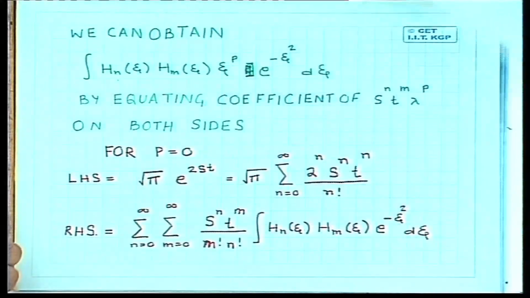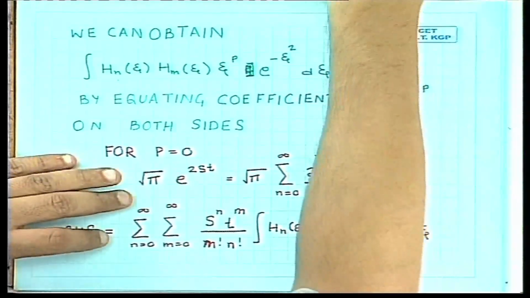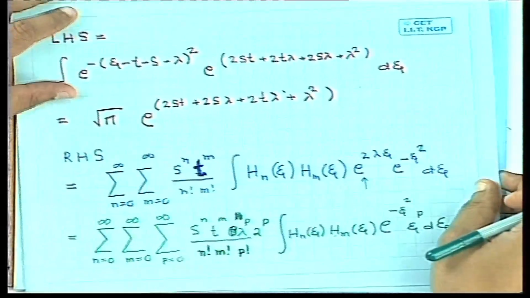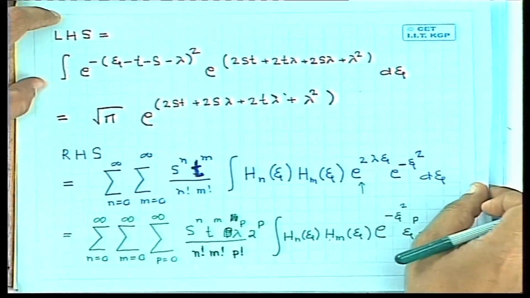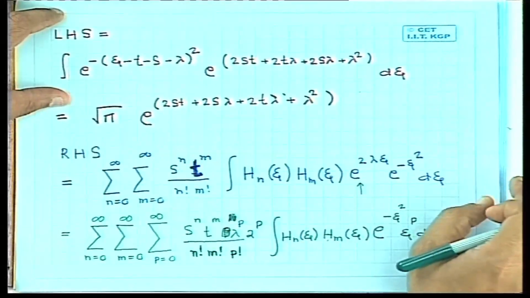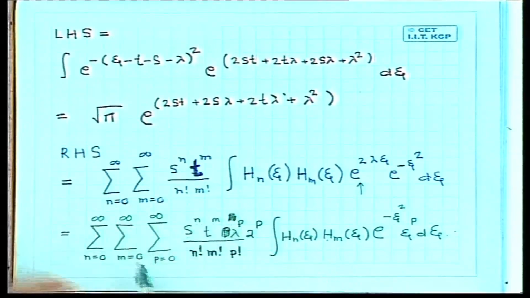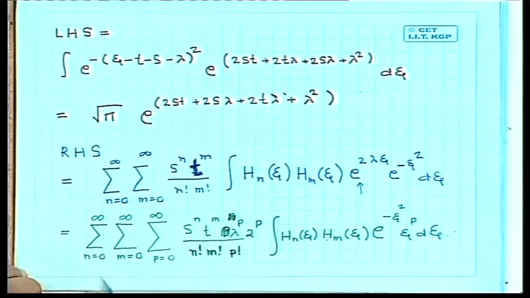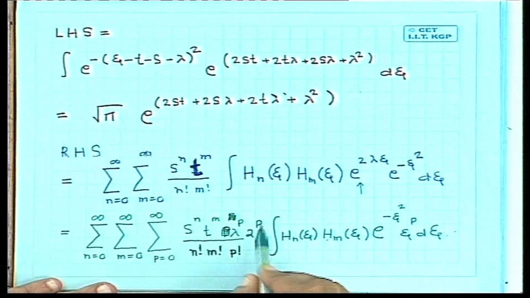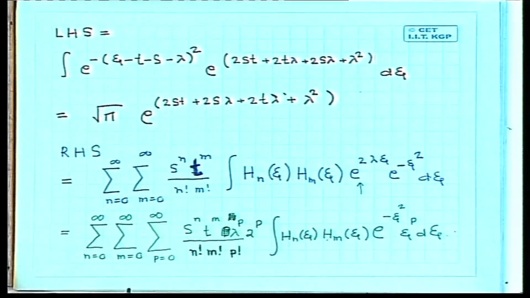So we have to now consider the term p equal to 0 in the right hand side. If we look at the term with p equal to 0, then lambda will not appear on the right hand side. P equal to 0 means that there is no lambda on the right hand side.